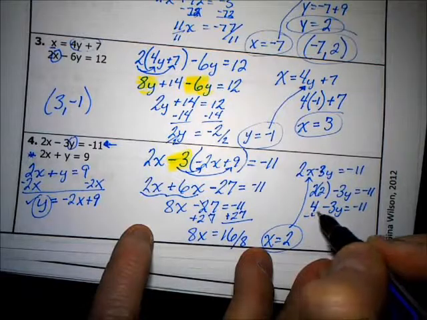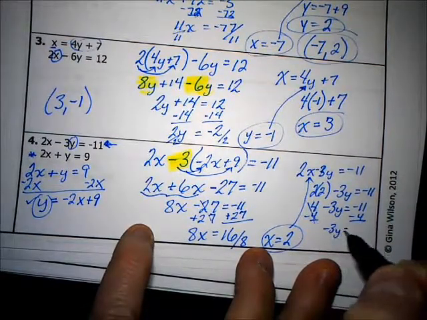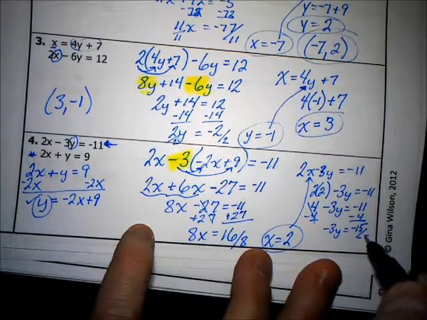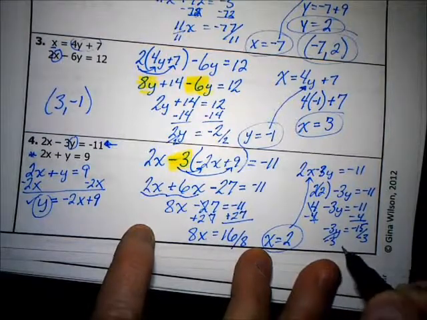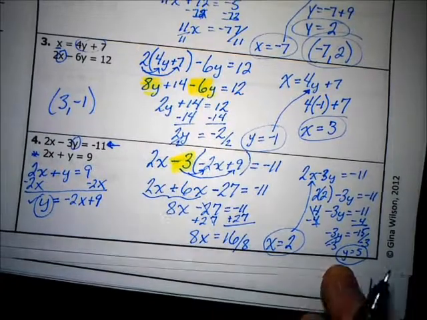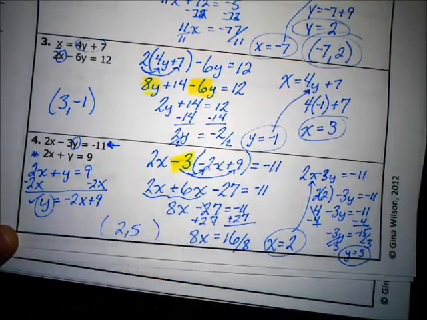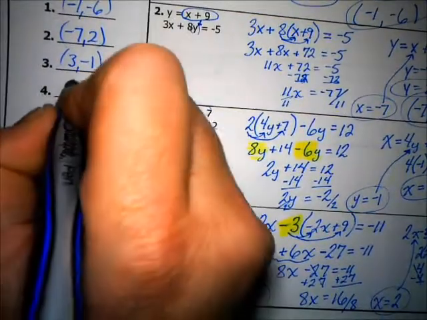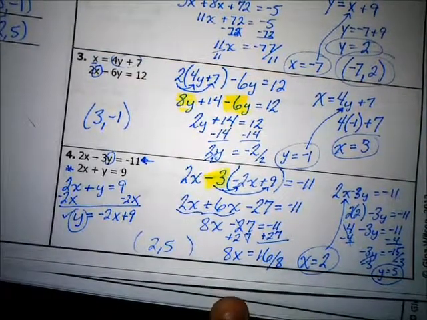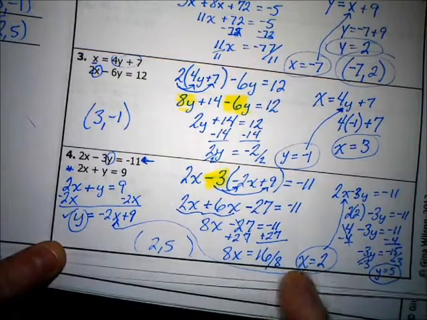I'm going to subtract the 4. That gives me -3y is equal to -15. Now I have to divide by -3. That tells me y is equal to 5. Alright, I squeezed that in, but that means my solution is 2, 5. Now realize I could have taken that and plugged it in right there and probably got my answer a whole lot faster.